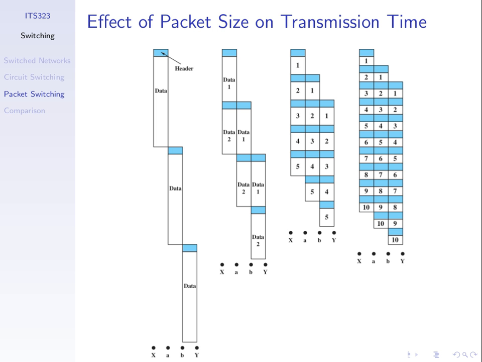Let's draw it again over here. X, A, B and Y. Let's try a different scenario where the packet size, same header size, 100, but the data, the payload, is now 500.